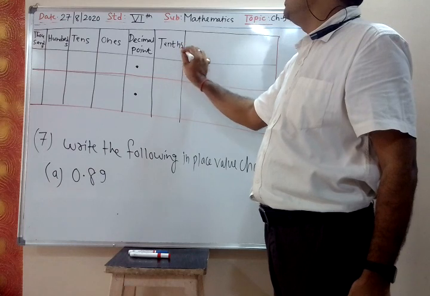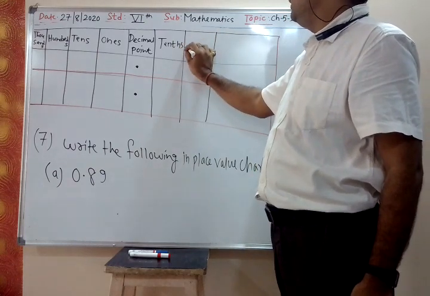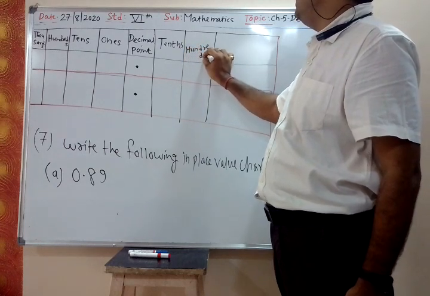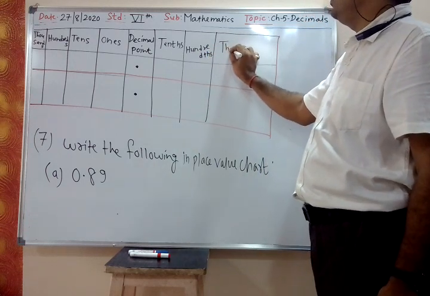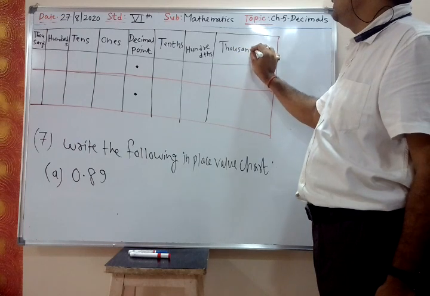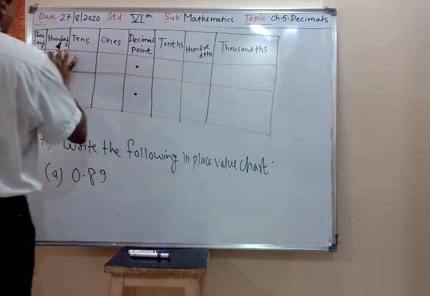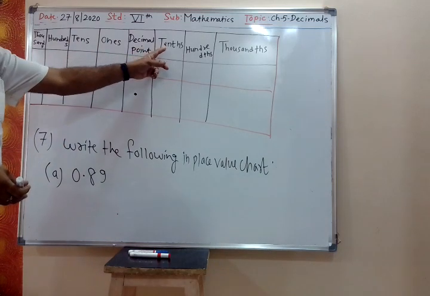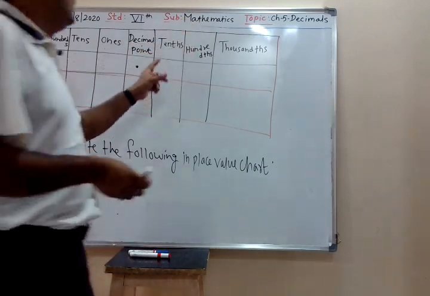Second, it will be hundredths. Third, it will be thousandths. Ones, tens, hundreds, thousands on this side. Similarly, on this side, tenths, hundredths, thousandths.